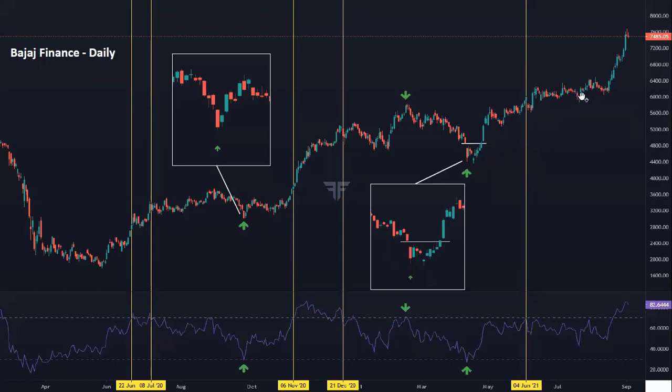What followed was sideways action and then a rally again. Now the RSI is in deep overbought territory, but again, the trend is very powerful. So you don't just short just because the RSI is overbought. You need to wait for more evidence. So that's how, within a trending market, you can use RSI to generate buy and sell signals.